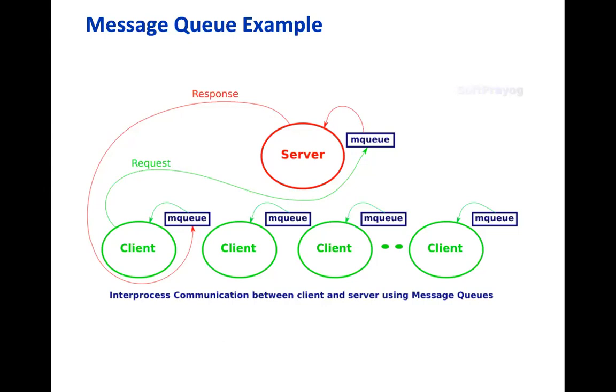The other way is that each client will have its own queue. Here in this case, each client has its own queue, and it means that client can now read from this queue. So a number of things are possible, since each server and each client has its own queue, it can be used for writing and reading.